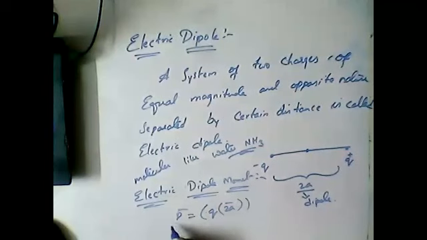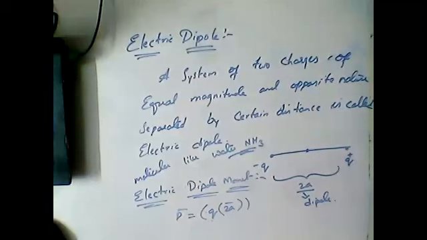So the electric dipole moment is represented by P bar, and P bar is equal to Q into 2A bar. Q is the charge and 2A bar is the distance between the charges. So electric dipole moment is defined as the product of either charge and the distance between the charges.